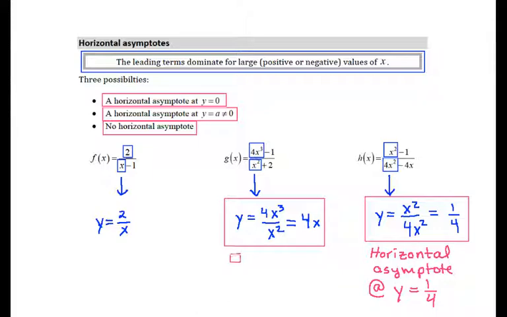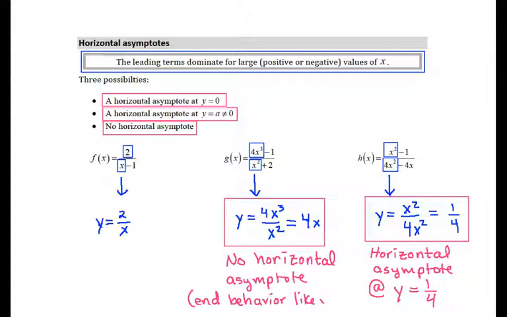So this has no horizontal asymptote, because the end behavior resembles a straight line. In particular, it resembles the line y equals 4x, which is a line that passes through the origin and has slope 4.